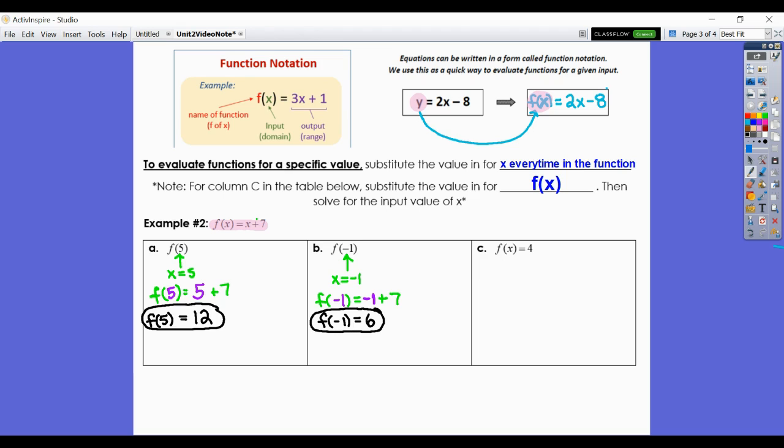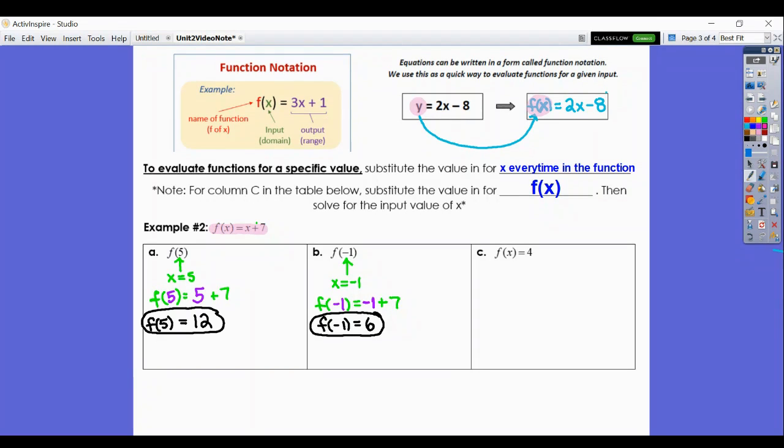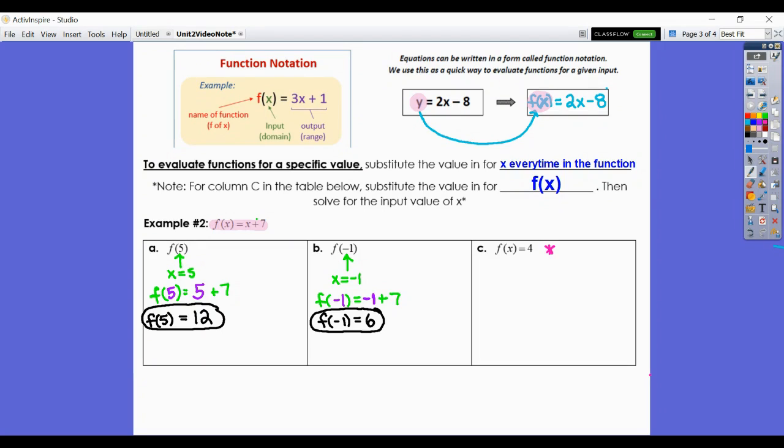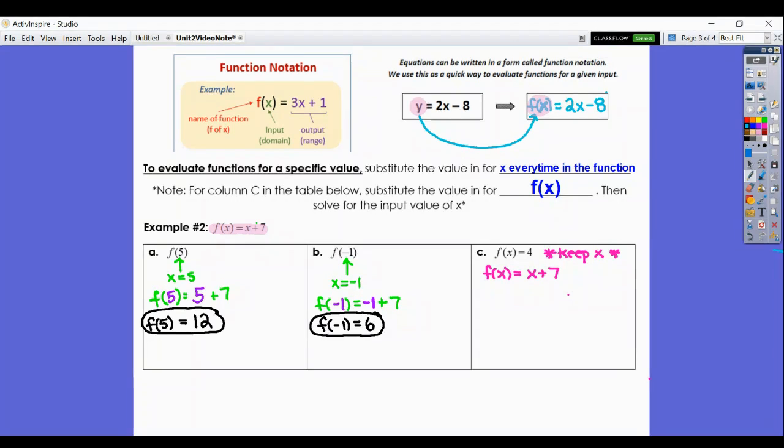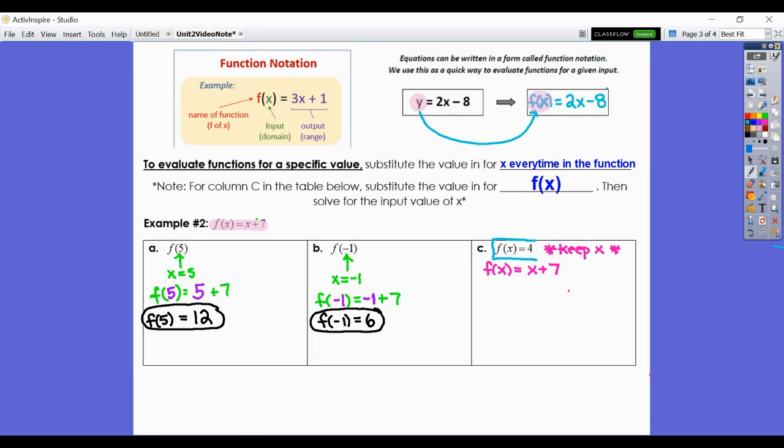For example C, notice that I have f of x equaling 4. I do not have an x value, so I'm going to make a note that I'm going to keep my x value inside this function. F of x equals x plus 7. But what f of x is equal to is 4.